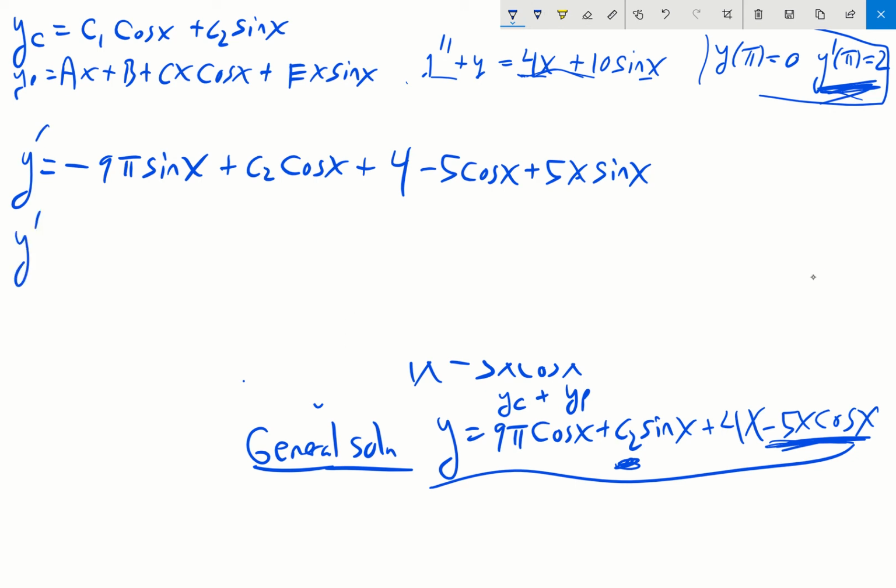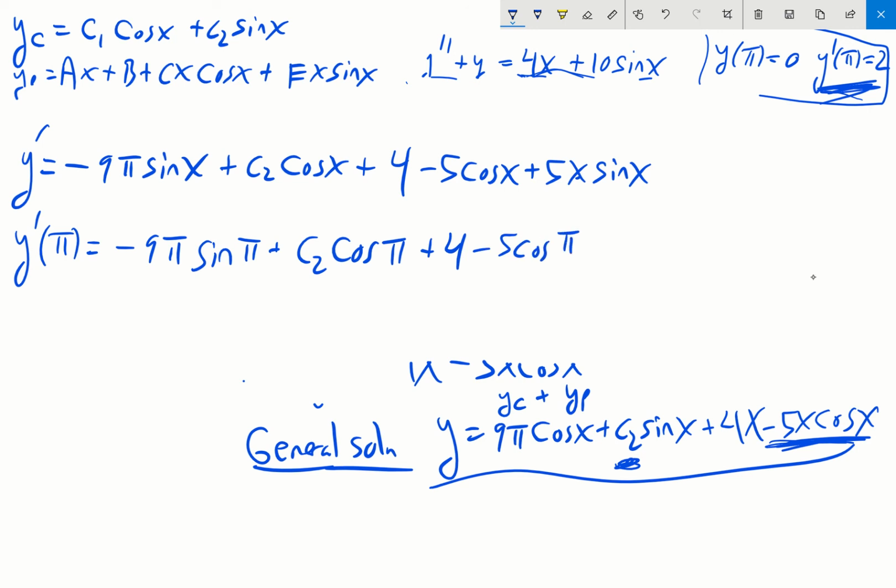We can now evaluate y prime at pi. It's going to be negative 9 pi times the sine of pi plus c2 times the cosine of pi plus 4 minus 5 times the cosine of pi plus 5 pi sine pi. And this is supposed to be equal to 2.